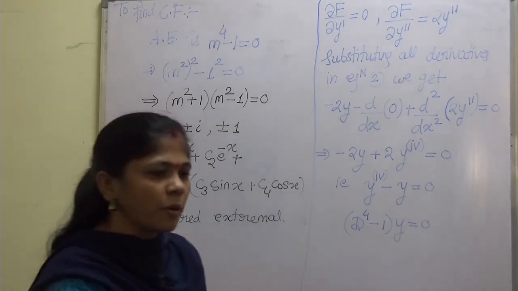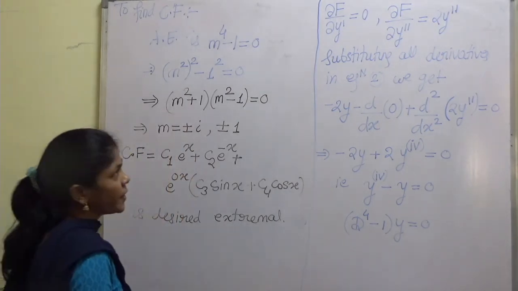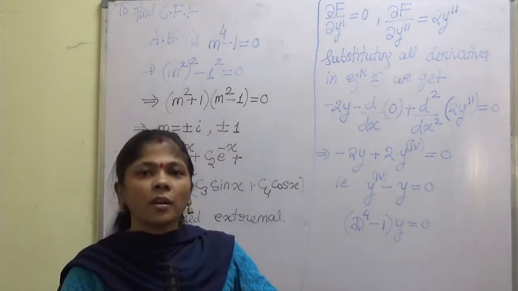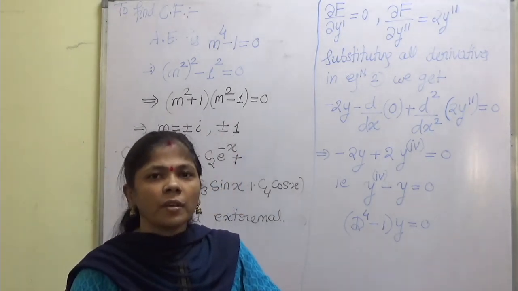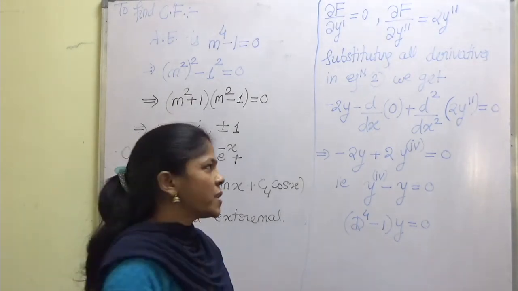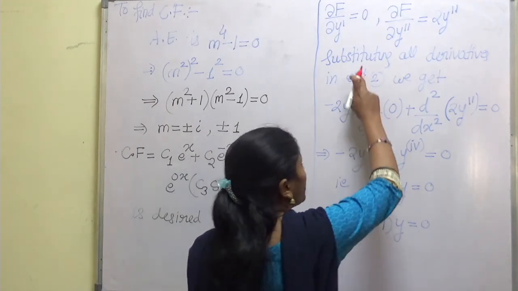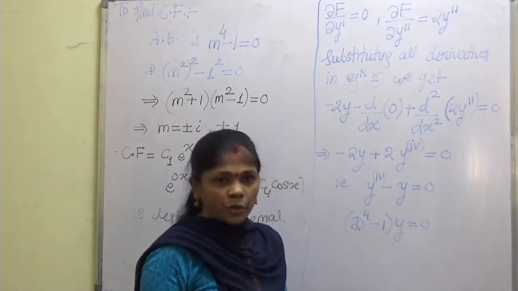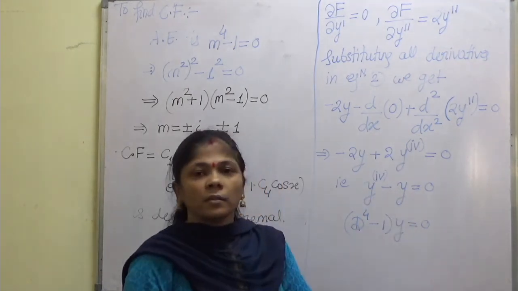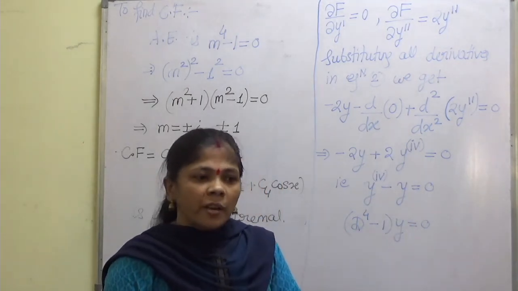So I hope you will find it easy, right? What we are finding here, the change from the earlier cases: when we have a functional of first order, we get a second order ordinary differential equation, right? Whereas here, when I use the Euler-Poisson equation and substitute the values, we get an ordinary differential equation of fourth order.